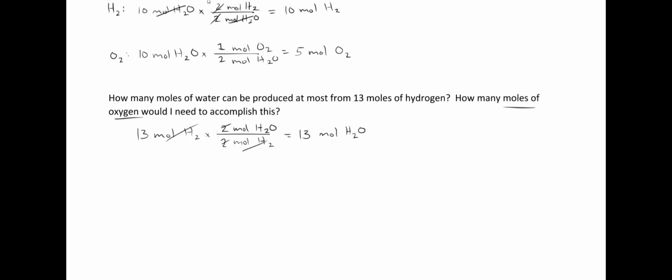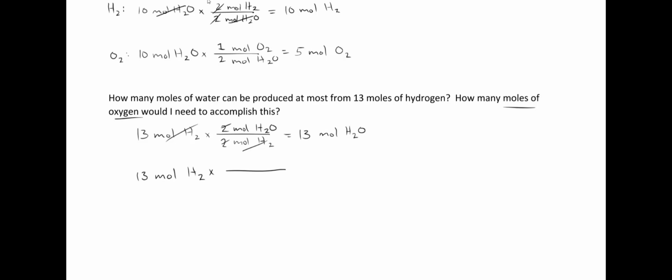Well, as I mentioned in the previous part, I could start with either of these numbers. Once I have one of them, I can use either to continue on here. So again, like last time, I'm just going to use what I started with here. So let's say again that I have 13 moles of hydrogen. And I want to convert that to moles of oxygen.